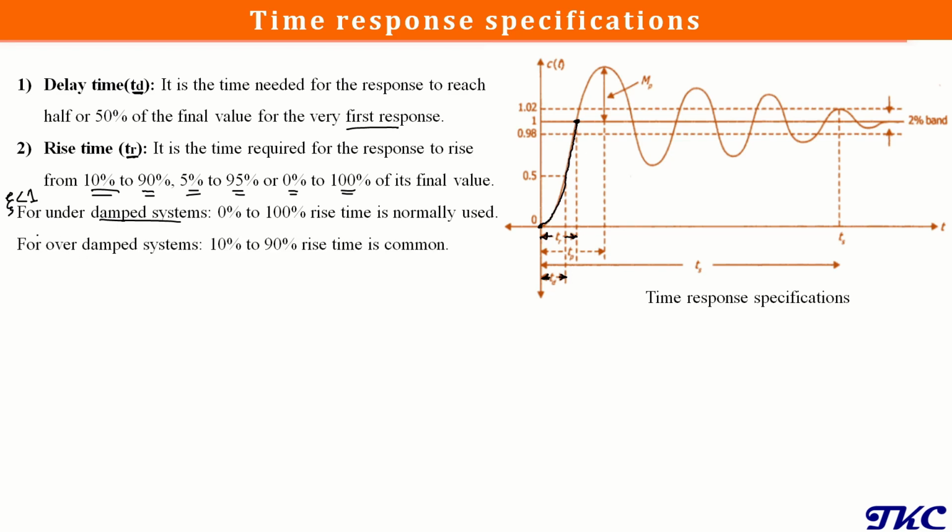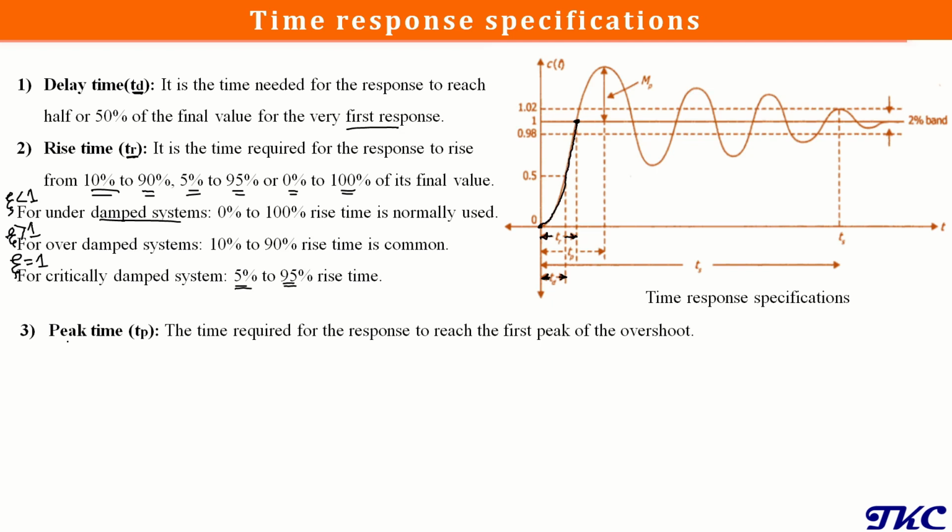For an overdamped system, when zeta is greater than 1, rise time is defined as 10% to 90% of the required output. Similarly, for a critically damped system, that is when zeta is equal to 1, we define rise time as 5% to 95% of the output.